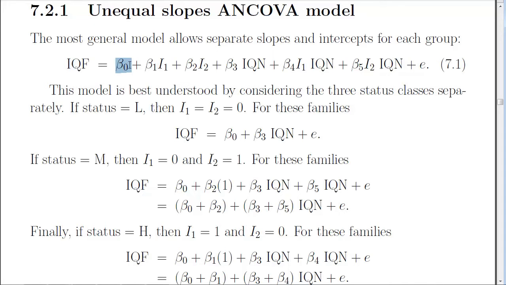The low group is the baseline group. The high group is indicated by an indicator variable I1, and the medium group by I2.